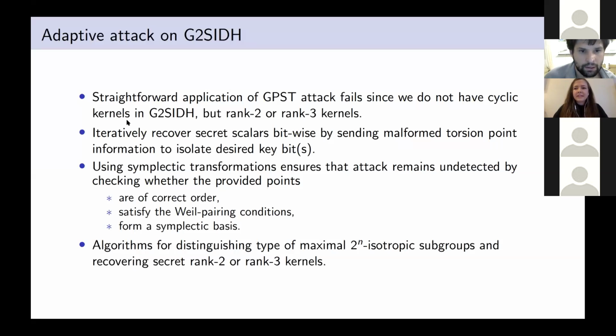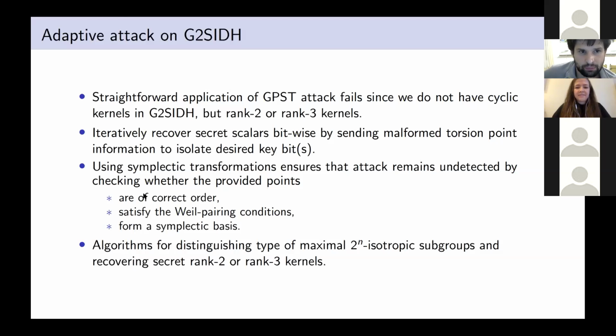The problem here is that in Genus2SIDH, we don't have cyclic kernels. So basically, we need to be much more careful when we generate these malformed points in order to feed the oracle with a valid input. But we managed to do so using symplectic transformations to find the correct malformed points.